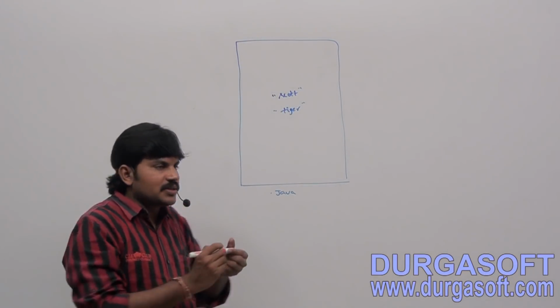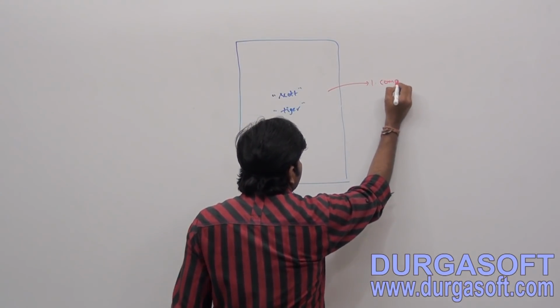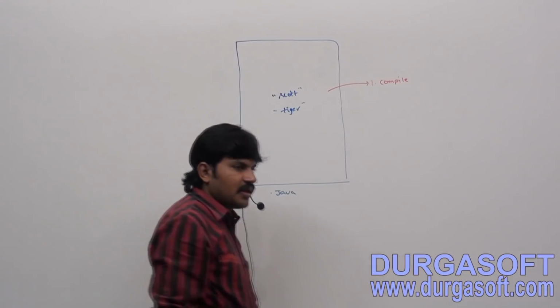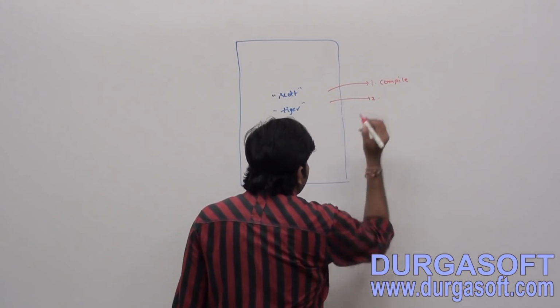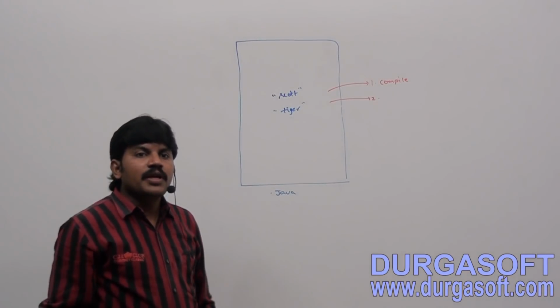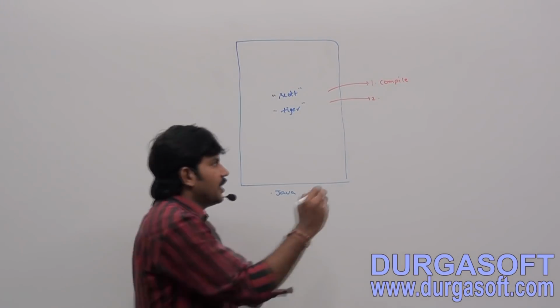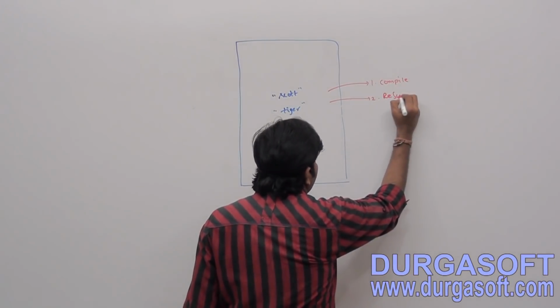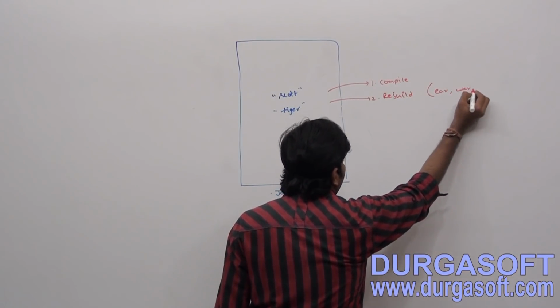We did some change in the source file. To reflect this change, the first activity is that we have to recompile. Second, after recompiling the .class file is ready, we have to rebuild the application, maybe an EAR file, WAR file or JAR file.